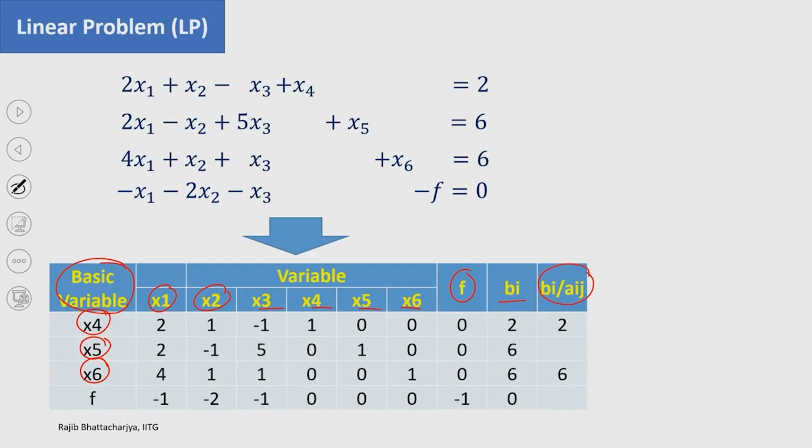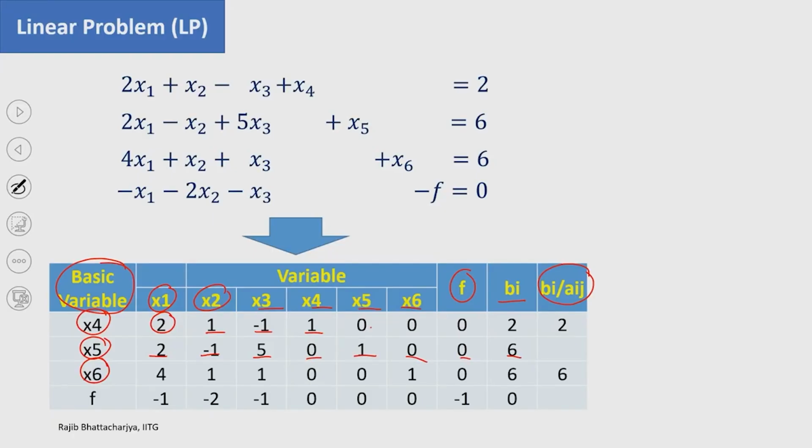What are we doing here? We are writing the coefficient of x 1 in the first equation, that is 2. Here it is 1, this is minus 1 and this is 1, this is 0 0 0. Similarly, equation 2: this is 2, then minus 1, plus 5, then this is 0, then 1 0 0, right hand side is 6.